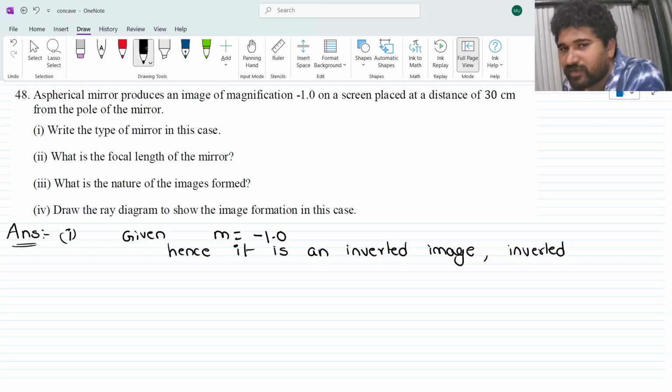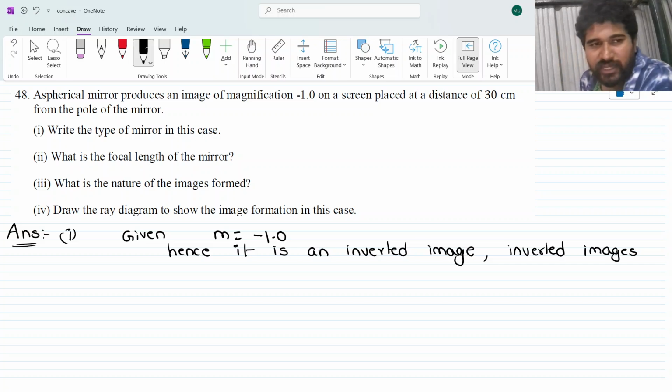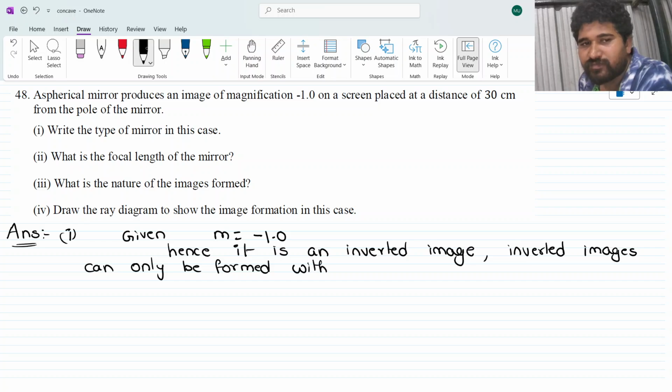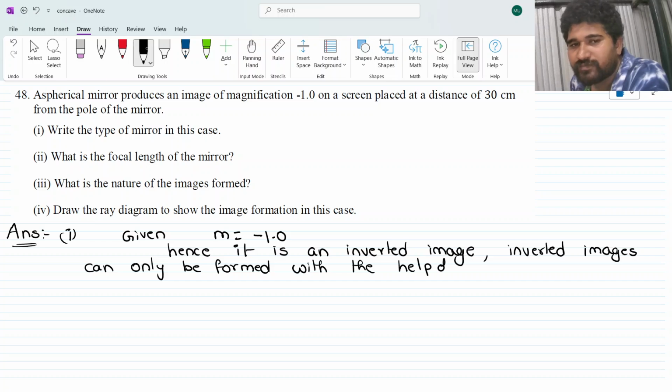Inverted images can only be formed with the help of which mirror?